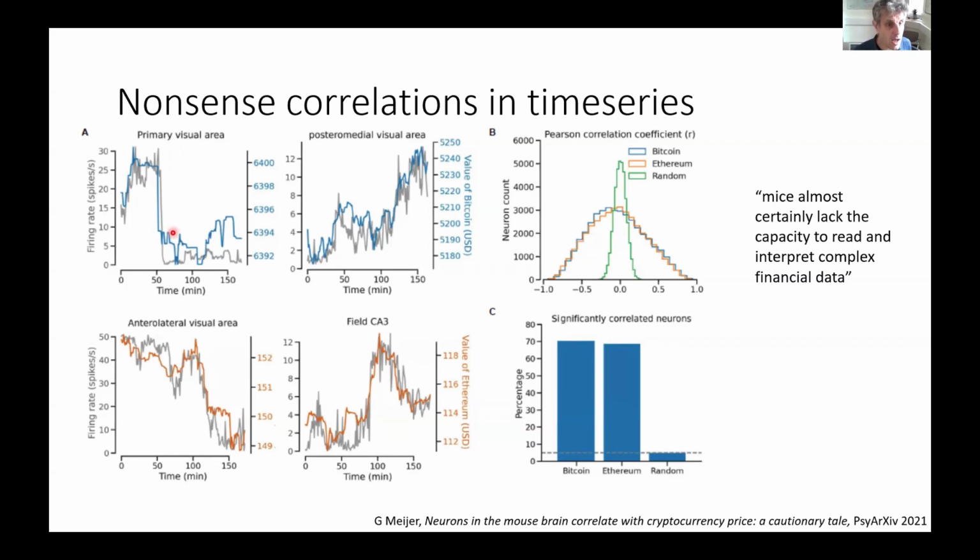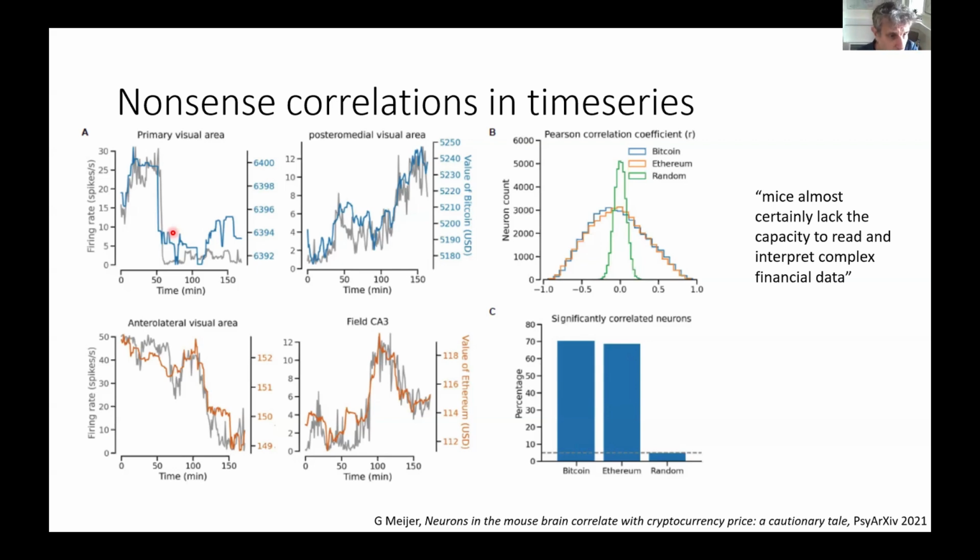This is obviously absurd. So you've got to come up with some statistical method that cannot do this. If your statistical method can predict cryptocurrency prices from neurons, it can obviously predict anything at all. It's utterly invalid. So you need some other statistical method that is valid.